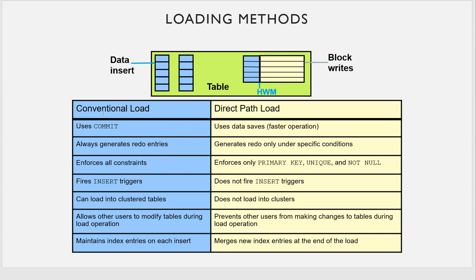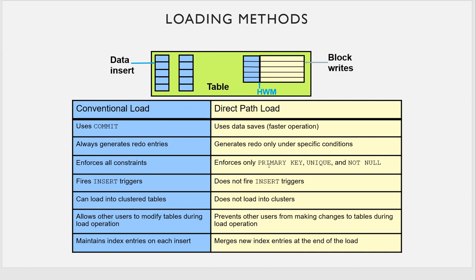Whereas in conventional load, it will do the commit and a checkpoint happens, and it is slower compared to direct path load. Conventional load always generates redo entries, while in direct path load there is no redo log generation, depending on the user-specific condition. Conventional load enforces all the constraints, right? Index and primary key, all of those, it's a must, it will load all of those. Whereas direct path load enforces only primary key, unique and not null.